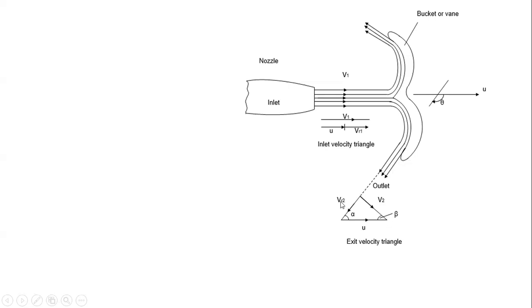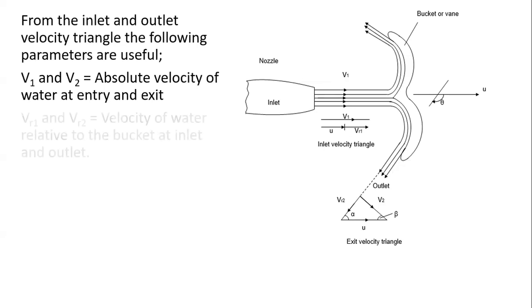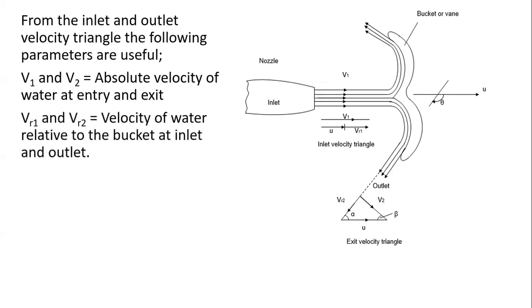But the relative velocity of water on exit and the velocity of the bucket, the angle they make is alpha. Now, interestingly, what you have there is a right angle triangle, so you can definitely start referring to that one. Okay, this is still talking about the same thing, mean bucket speed.